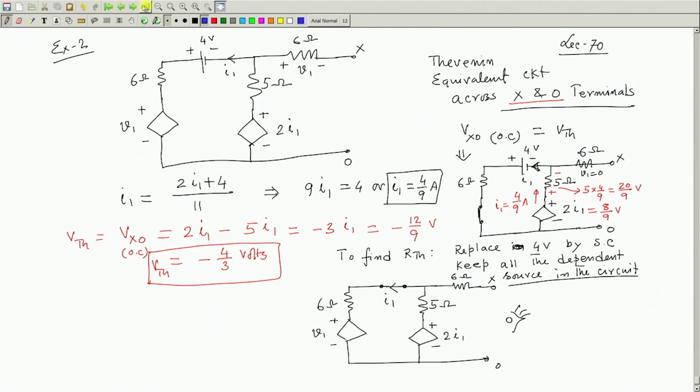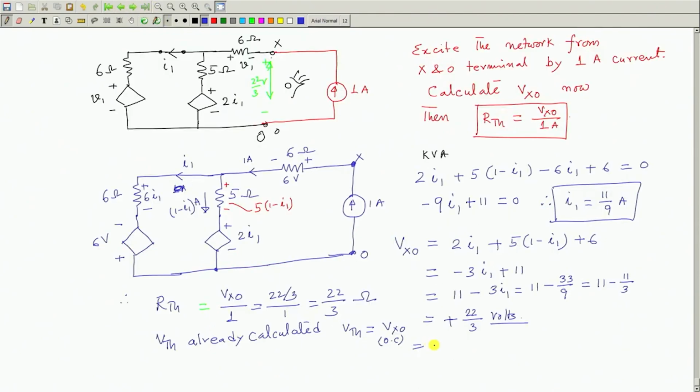Minus 4 by 3 volts, minus 4 by 3 volts. So, this together with this, I will be able to draw the equivalent Thevenin's across point XO.